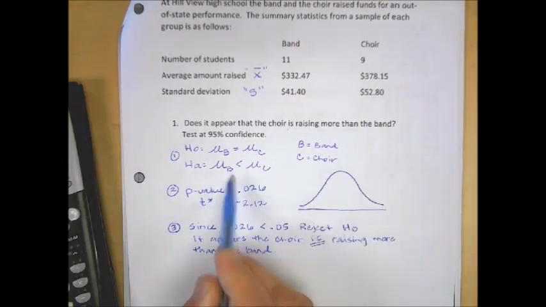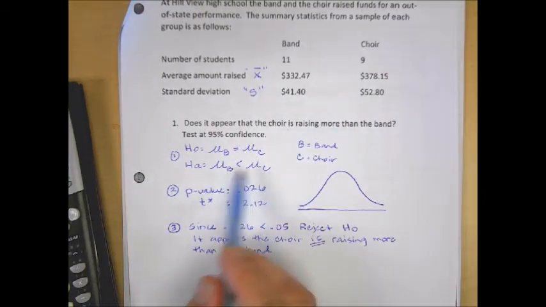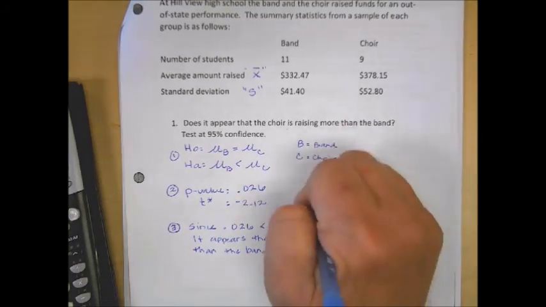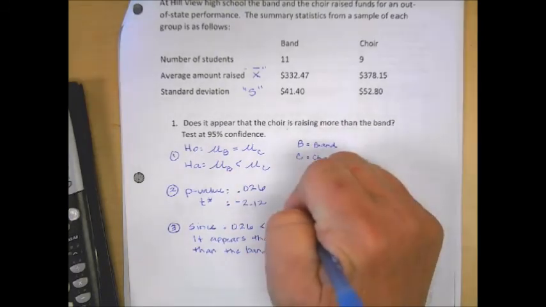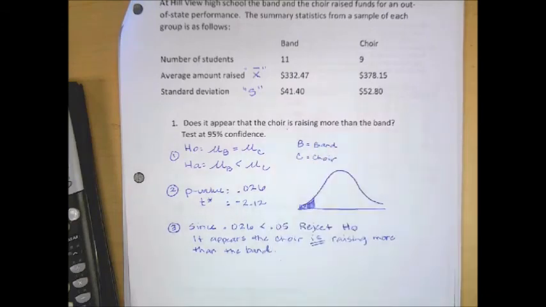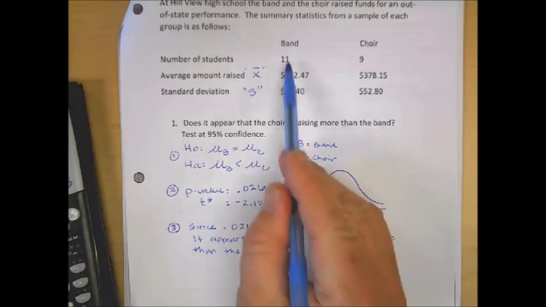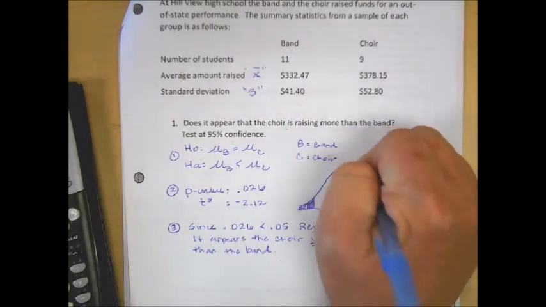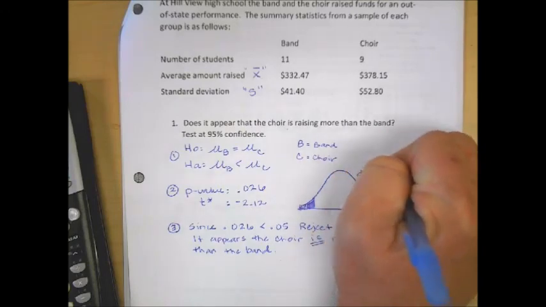Look at the HA, because I put the band on the left-hand side. If I'd put choir on the left-hand side, it would have been a one-tail high test. Degrees of freedom are n minus 1 of the smaller n, so 9 minus 1, which is 8.